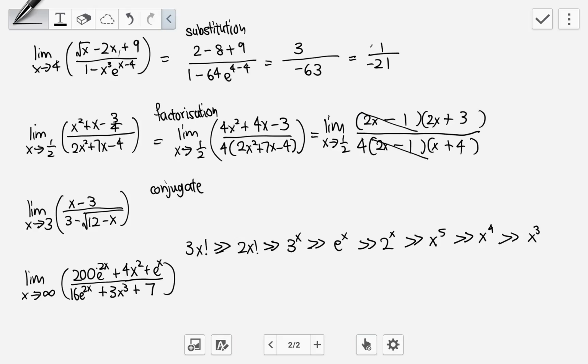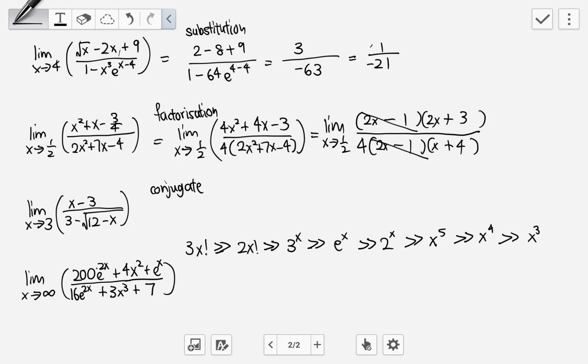So just now we got 0 on top and 0 below because we substituted a half, and half times 2 is 1, 1 minus 1 will give me 0. Same thing for this term. 0 times anything will give me 0. So 0 on top and 0 below. That's why we got 0 over 0, which is not reliable. In fact, the limit does not go to 0 over 0. Let's see.